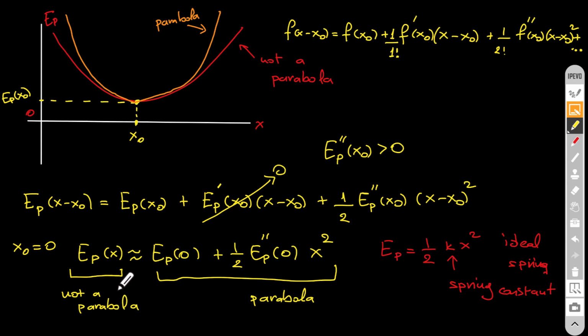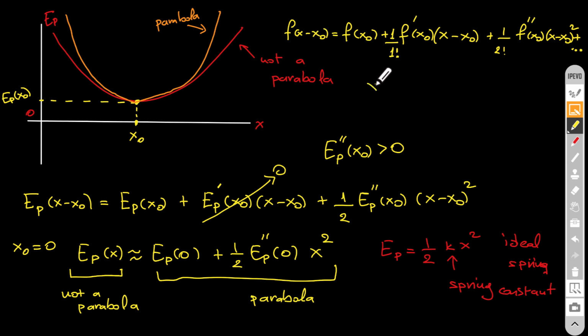Now, I want to mention something about the Taylor series. Remember that when we do an expansion of the function f around x naught, we do have to constrain ourselves to values of x around x naught.